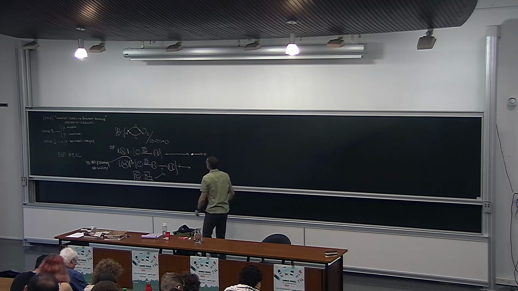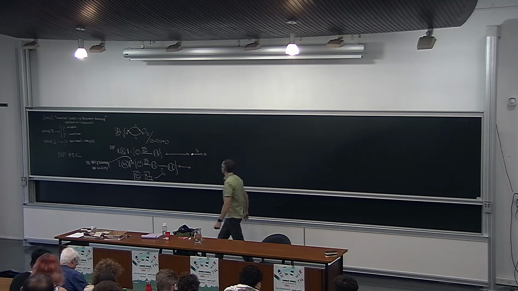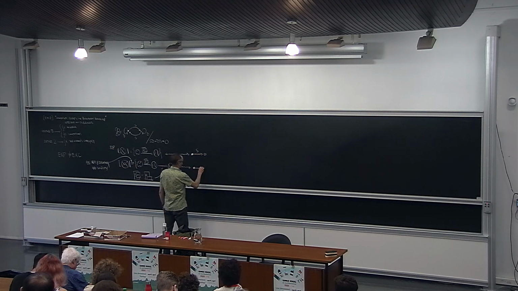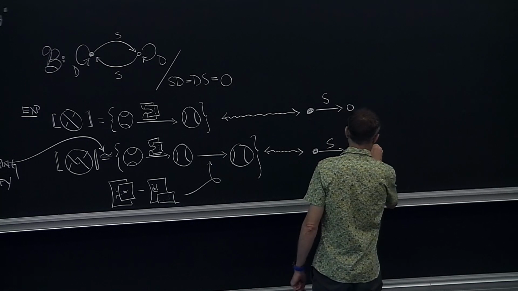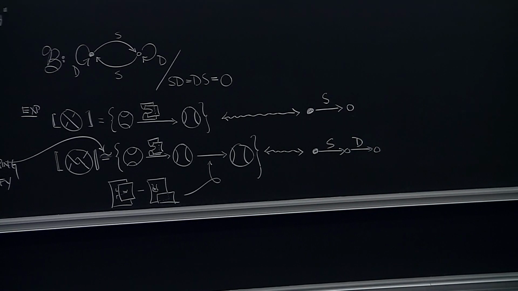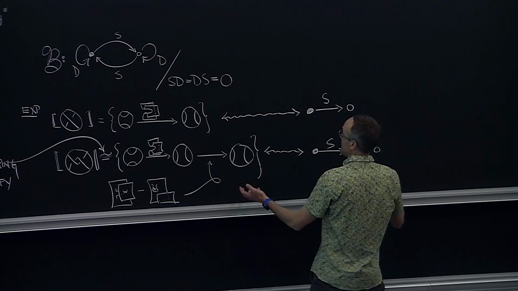Those are my two idempotents. And then this second would be dot, then S, then dot, and an open idempotent. I have this shorthand, and this shorthand is justified by an isomorphism.